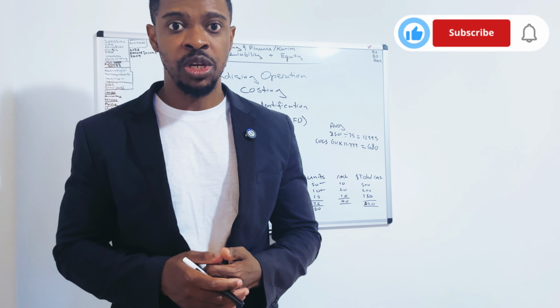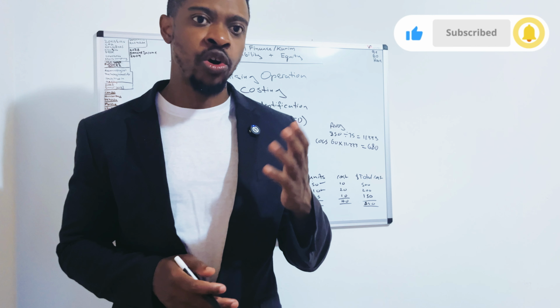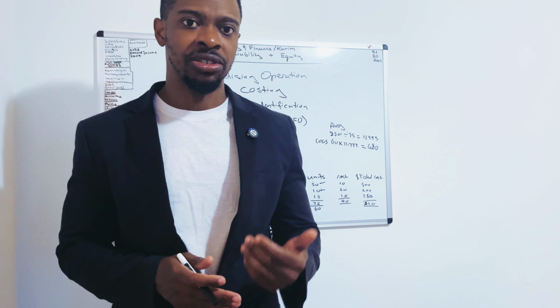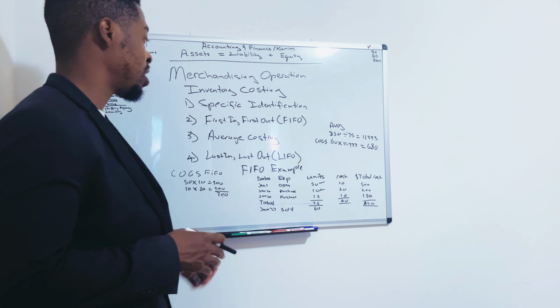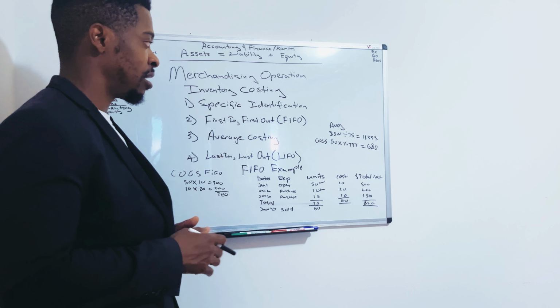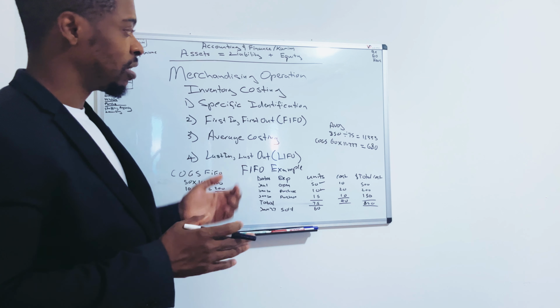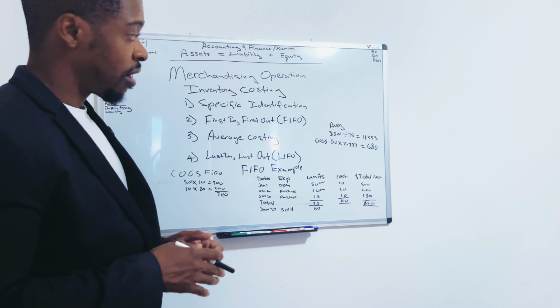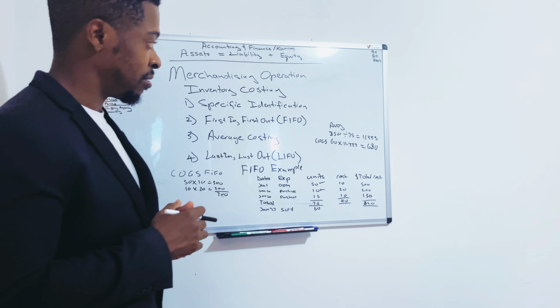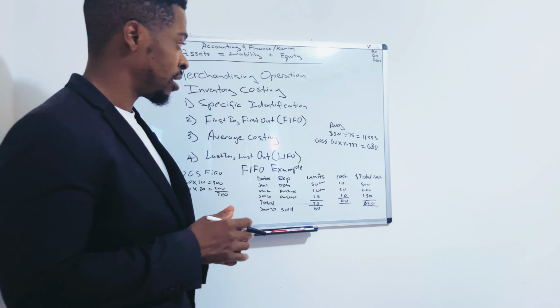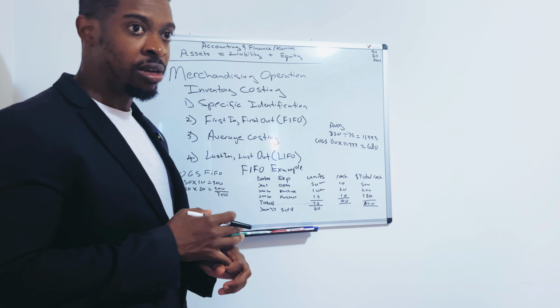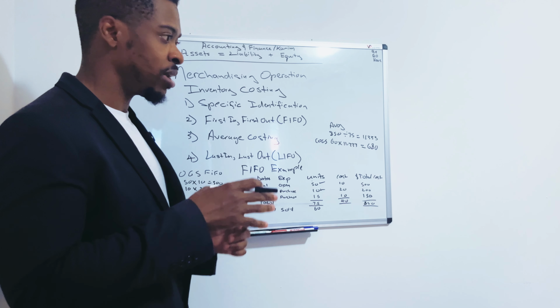And for this video, we are looking at the four different types of inventory costing systems, right? So let's look at each right now. The first one we have is specific identification, which is very simple, very specific. A great example that I can come up with for this one is a car dealership, right? Very low volume in their inventory, but at a very high cost.